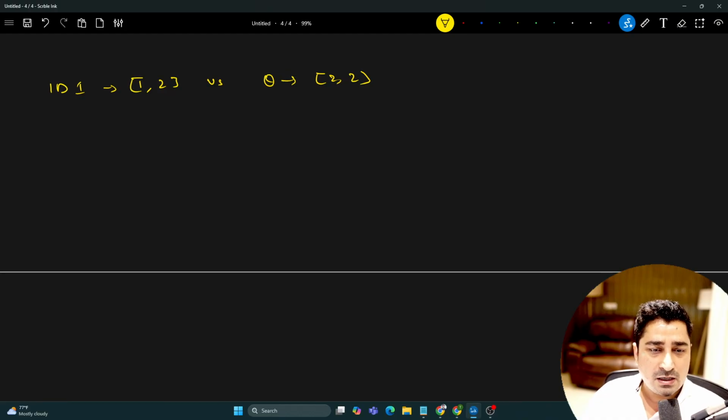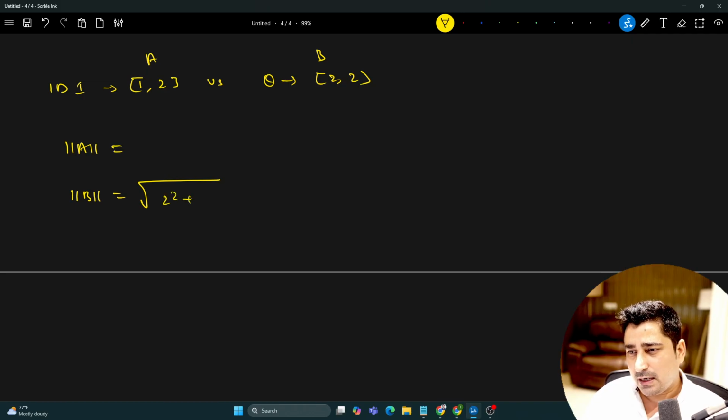Now to find the cosine similarity between these two, let's suppose we have a Q over here and an ID1. I'm assuming that this is A and this is B. B is nothing but my query. So B is going to be 2 square plus 2 square, which is root of 8, equal to 2.8284.